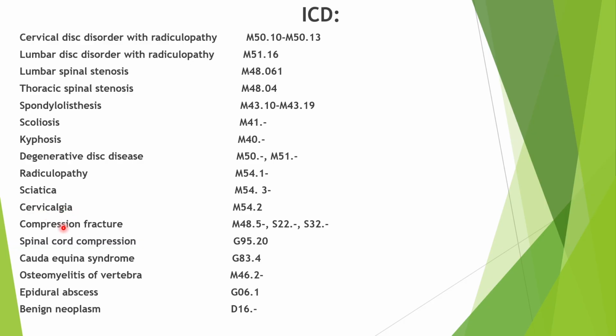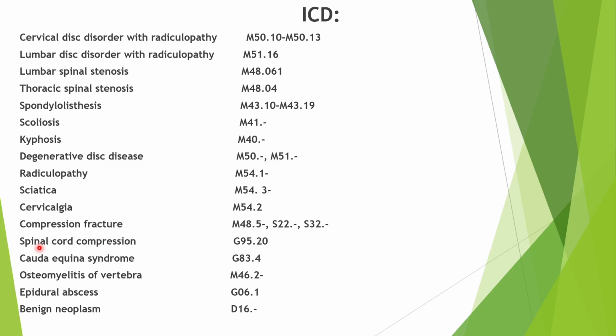Now, next one, that is compression fracture, a collapse or break in the vertebrae, commonly due to trauma, cancer, or osteoporosis. The symptoms may include sudden back pain, loss of height, or spinal deformity in compression fracture.